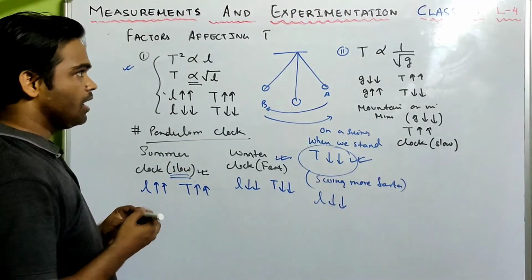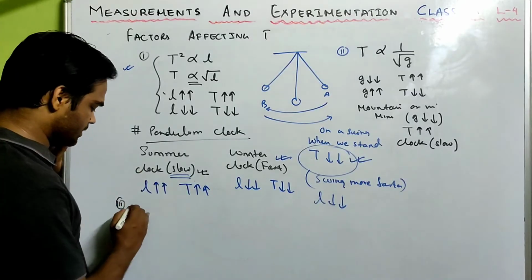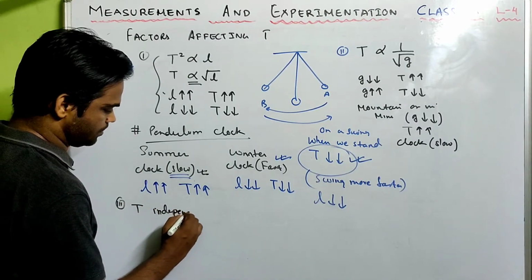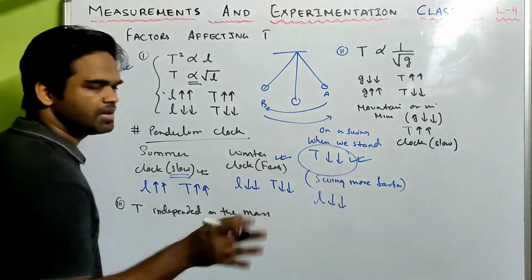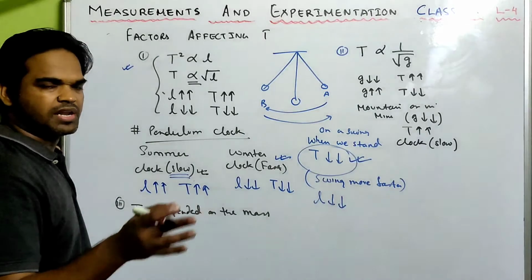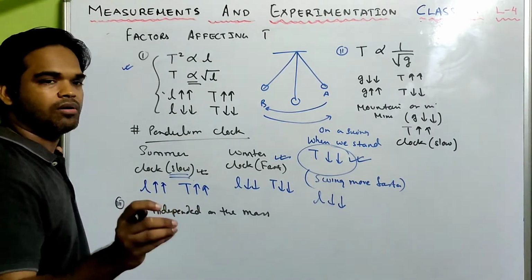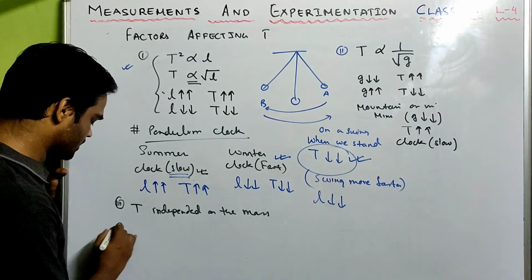Done? Now the third thing we'll see, time period is independent of the mass of the bob. It doesn't matter what the dimension of the bob is. The time period does not depend on that. Then one more thing we'll discuss.